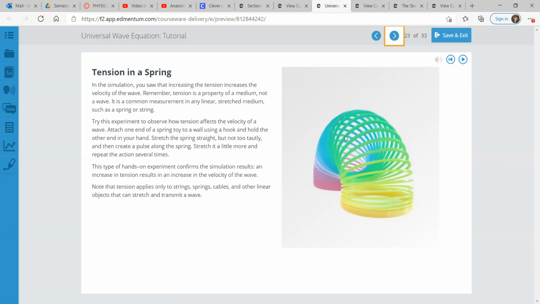Stretch a little more and repeat the action several times. This type of hands-on experiment confirms the simulation results. If you increase the tension, that will increase the velocity of the wave. Note that tension only applies to strings, springs, cables, and other linear objects.